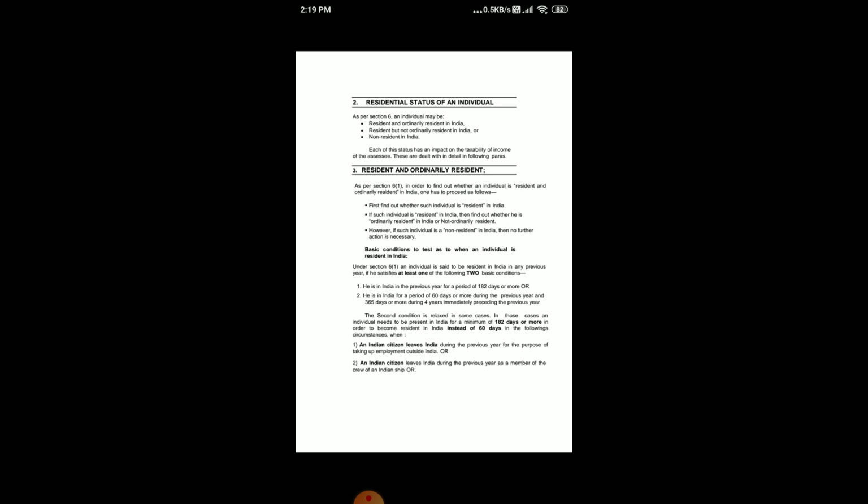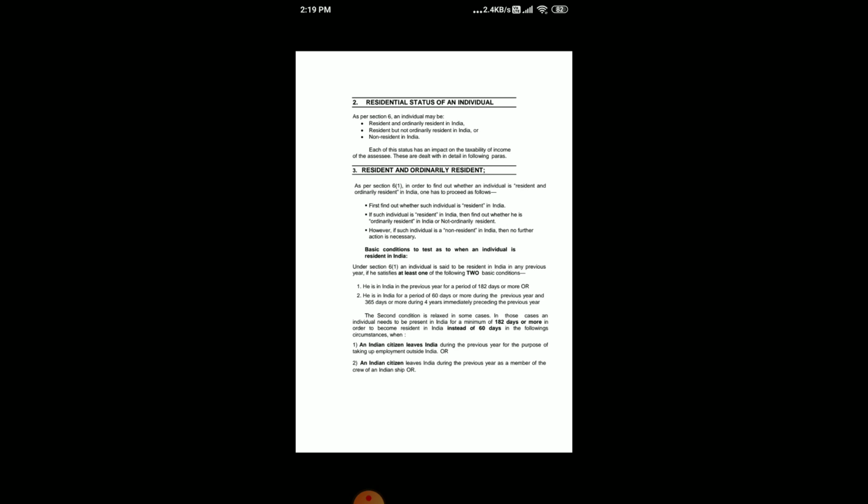These two conditions are there, and he has to satisfy any one condition. Satisfying both is not required. If only one condition is satisfied, that means his basic condition is fulfilled, either the first condition or the second condition.